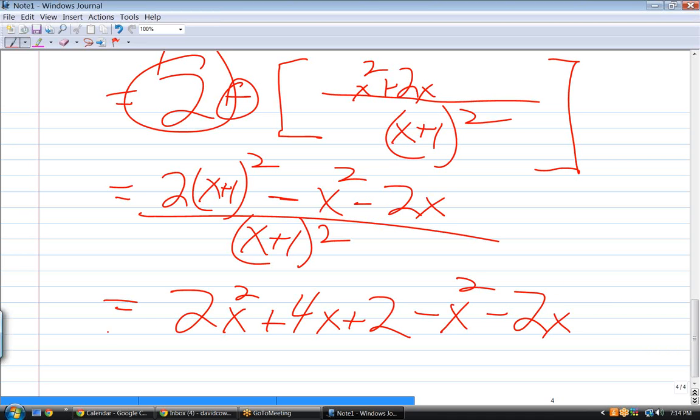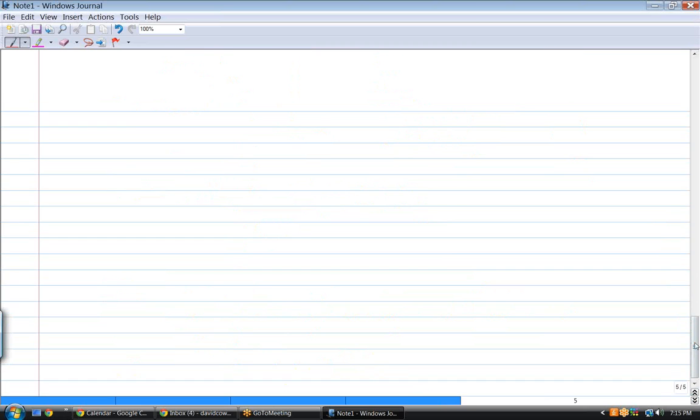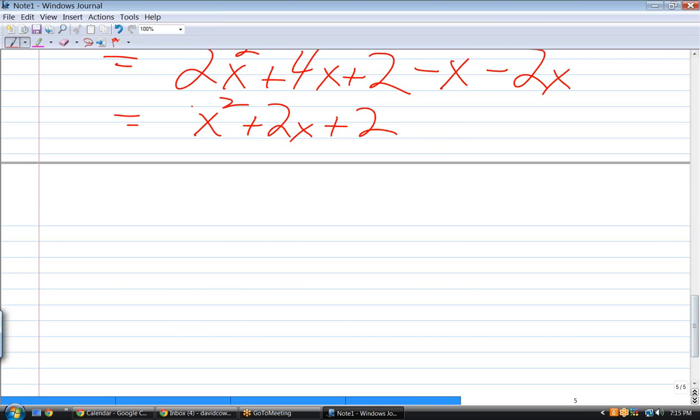So again, we have just an x squared, and we have plus 4x minus 2x, so we have plus 2x plus 2. And this is all over the denominator, which is x plus 1 squared.